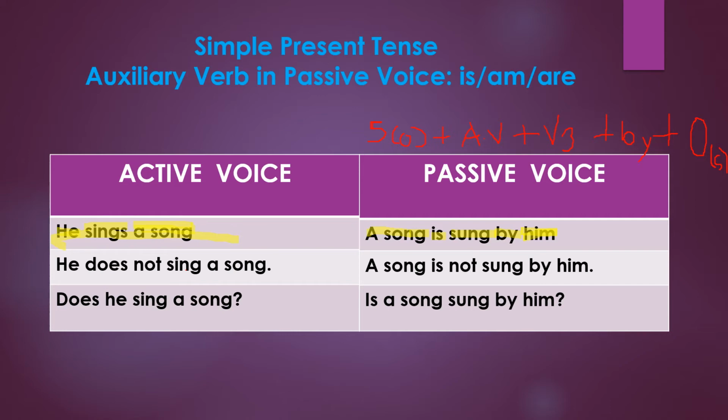So here does becomes is, and the rest, a song, that is the object. The object takes the place of the subject, a song, sung. Here the auxiliary verb comes at the beginning, and as it is a question, we will not use an auxiliary verb over here. Sung, that is the third form of verb, then by, and then him, that is, he becomes him in passive voice.